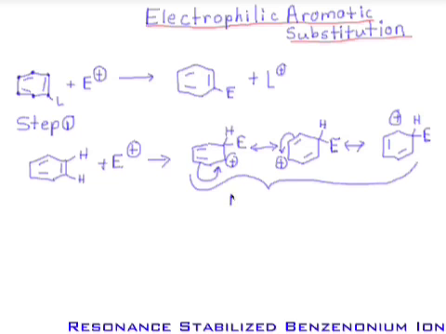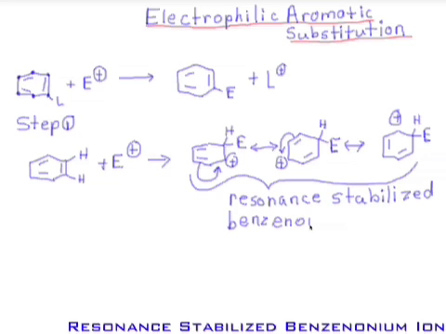This structure is referred to as a resonance stabilized benzenonium ion. It is a high-energy carbocation that forms.